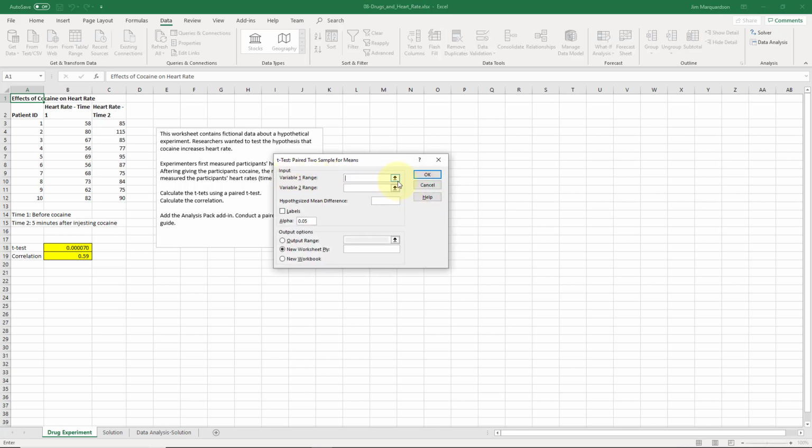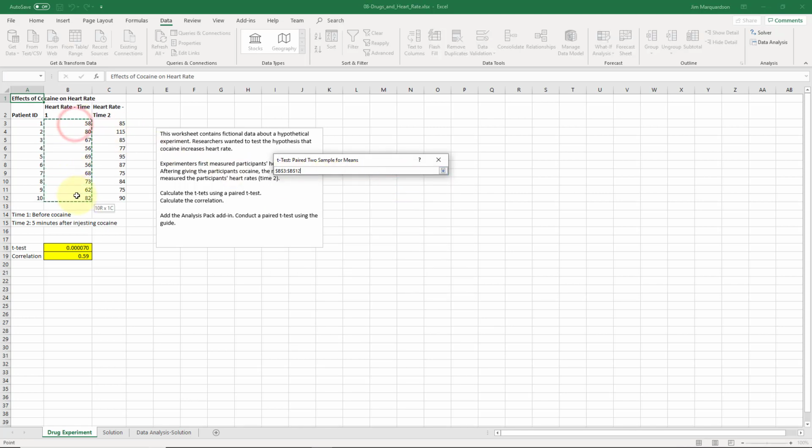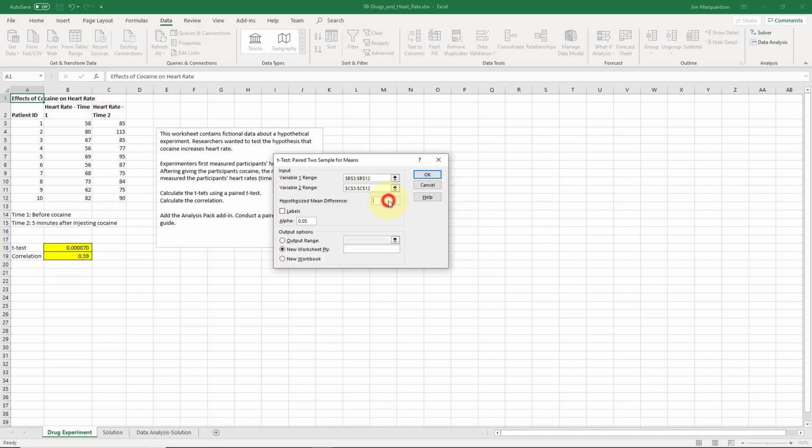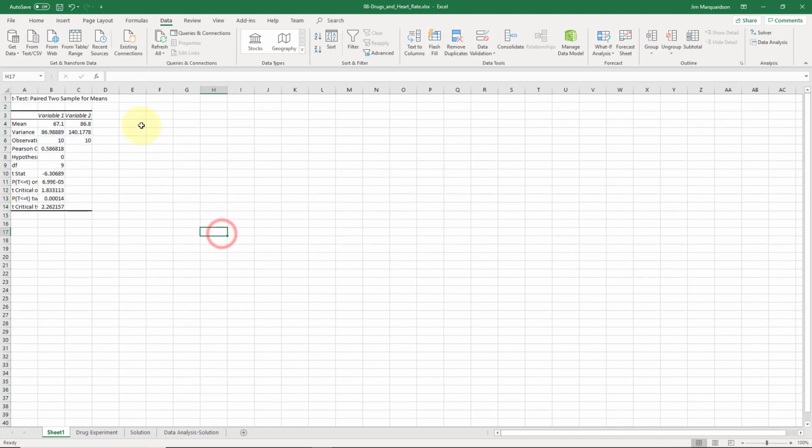So the variable 1 range, I'm going to select time 1, variable 2 range. Now hypothesized mean difference. I'm going to leave it blank. Alpha, that's my cutoff for statistical significance. Typically 0.05 is used in a lot of social psychology. And we'll put this in a new worksheet. Just click OK. And it's going to run it for us.